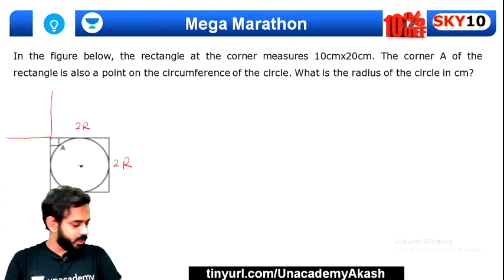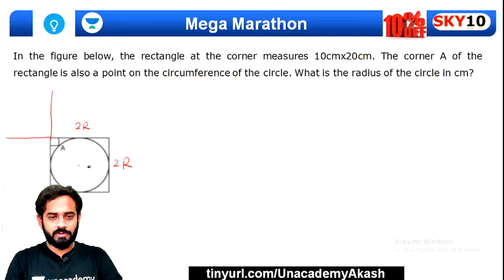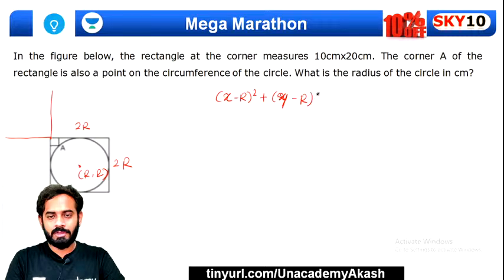Then the coordinates of the center of the circle will be r and r. Very simple. Now, the equation of this circle will be x minus r whole square plus y minus r whole square is equal to r square.